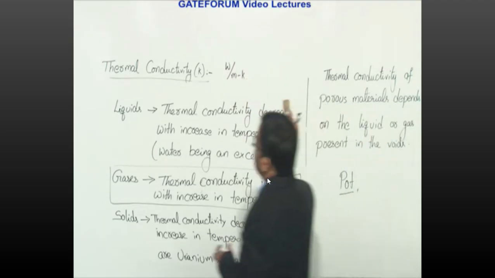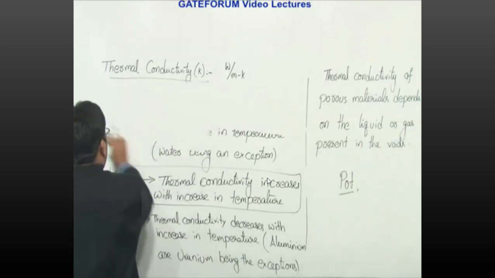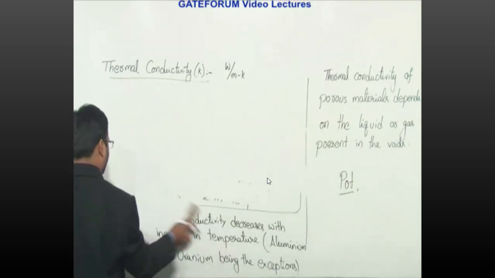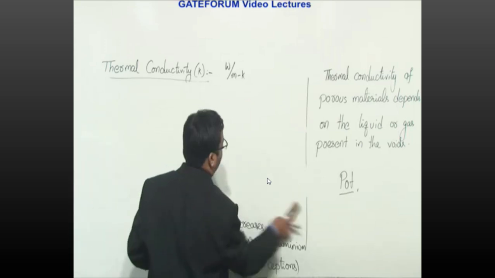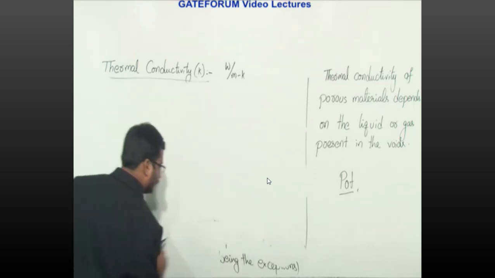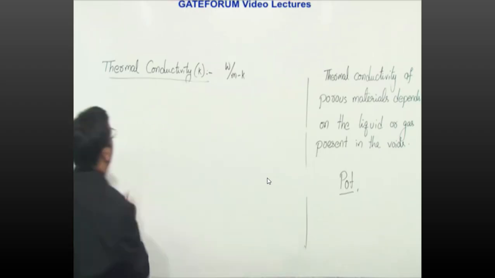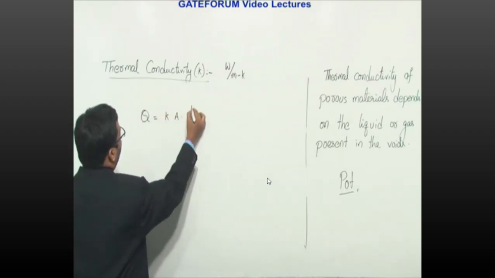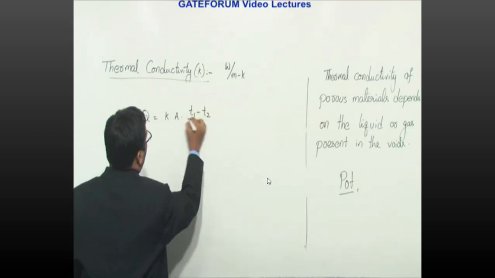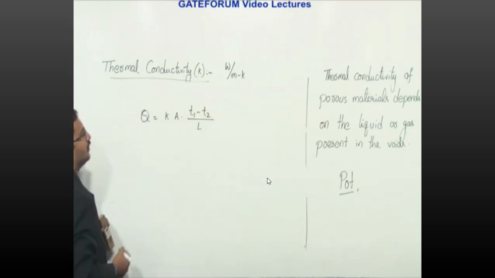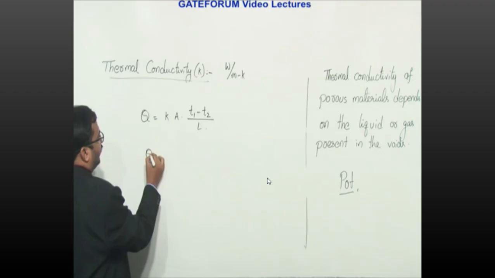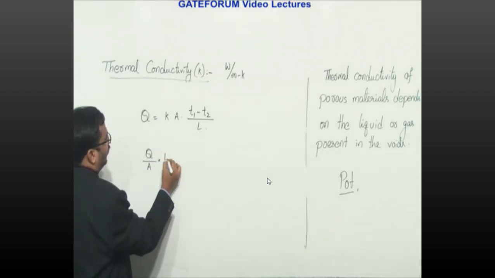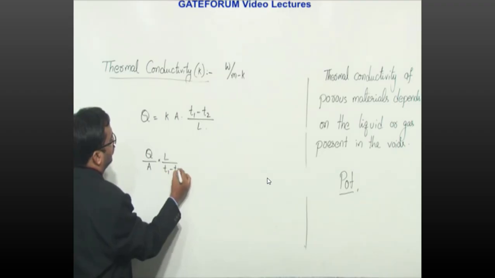Now, in brief, thermal conductivity can be defined like this. From Fourier's law of heat conduction, Q is equal to K A into T1 minus T2 by L. From this, K is Q by A into L by T1 minus T2.